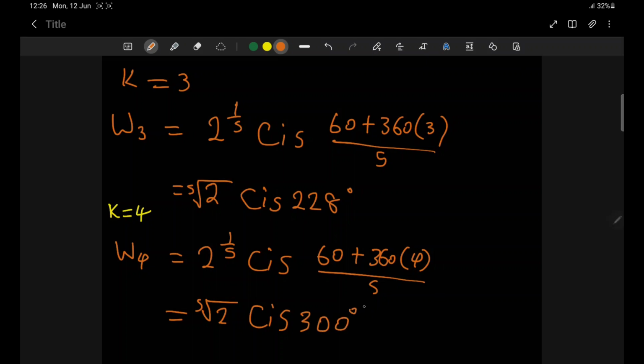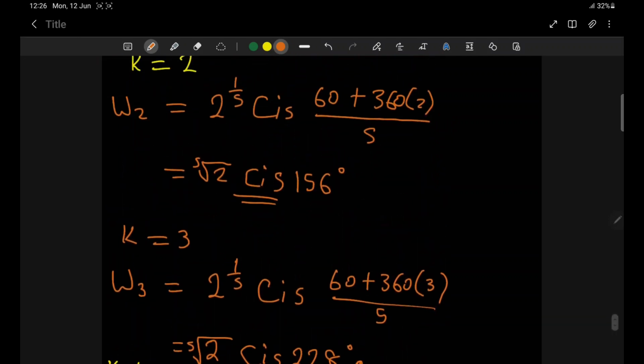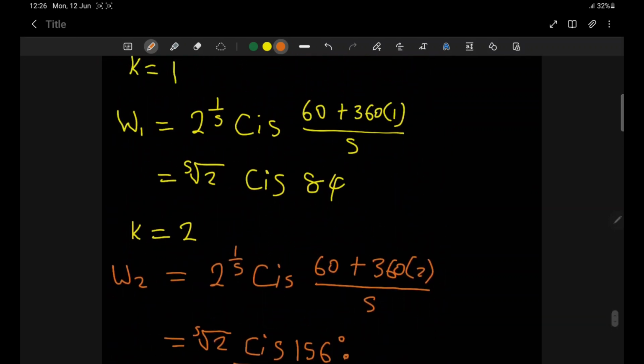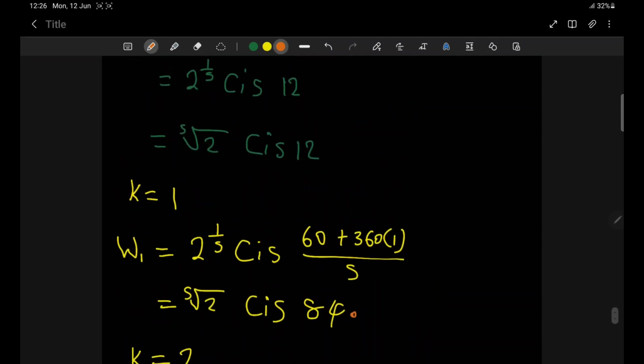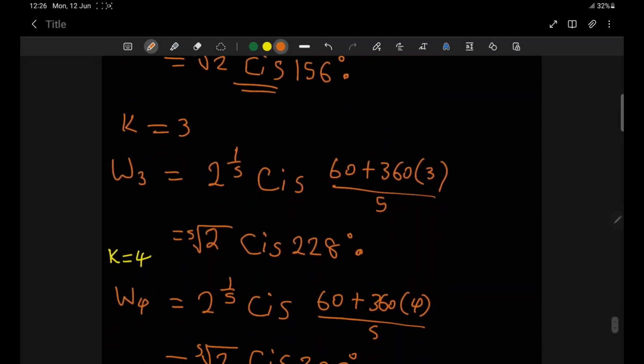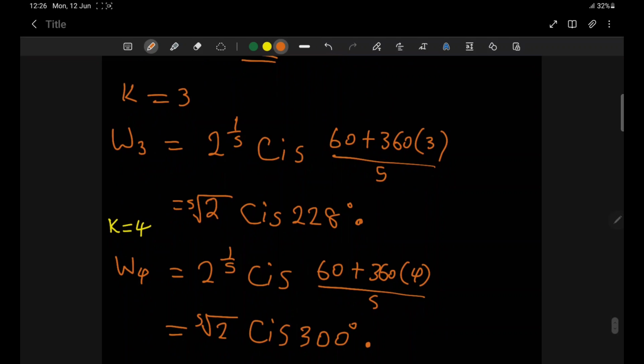So these we have found are the fifth roots. There should be 5 in total. And basically that's how you find the roots of a complex number using De Moivre's theorem.